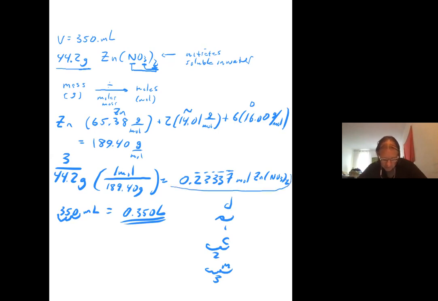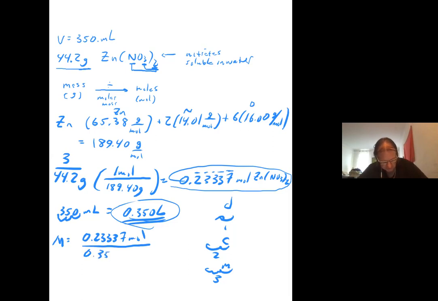Okay. So there's your moles, there's your liters. So the molarity would be 0.23337 over 0.350 liters, and then you get your moles per liter. So divide that by 0.35. This is a big number.